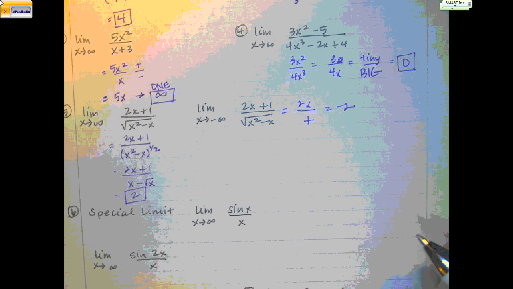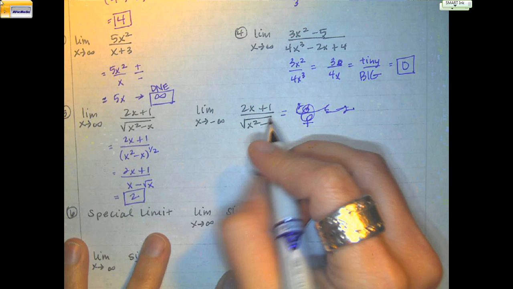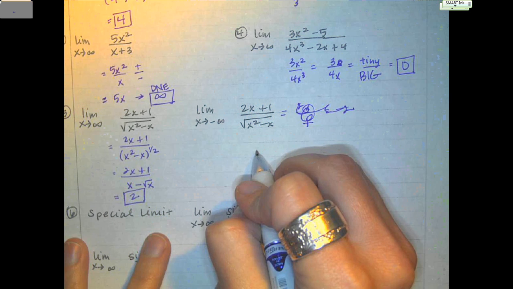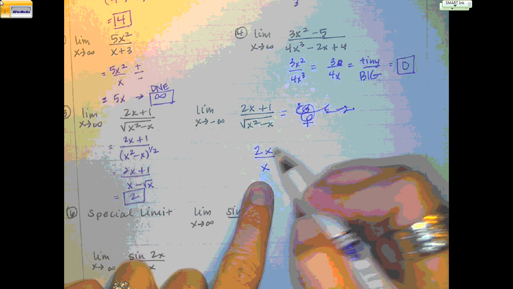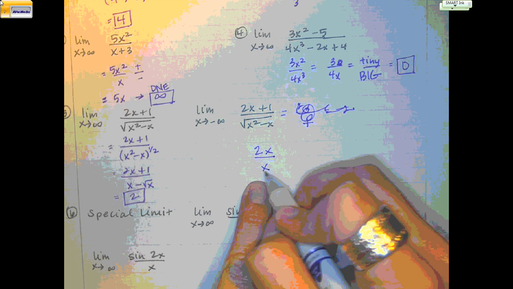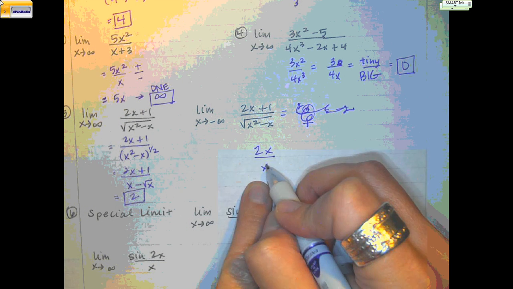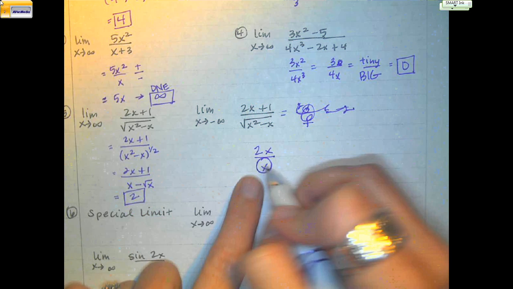It's negative 2. Because we have, sorry, let me fix this. You have 2x over x is what we had, right? That's kind of what this was over here. But you know this is going to be positive. Even if you plug in that negative infinity, this has to be positive.